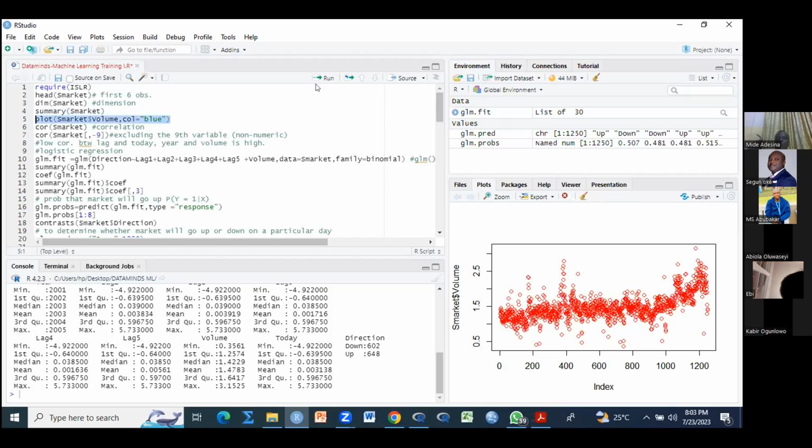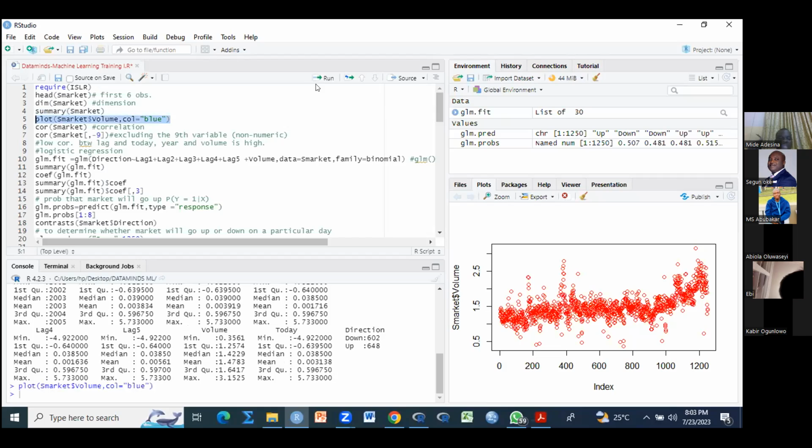I've plotted a blue figure that describes the volume. You can see the dollar sign there, volume. If you don't want to use this dollar sign, you can just say the market data, square bracket 5 or 6. Yes, square bracket 6 will produce the plot for volume.